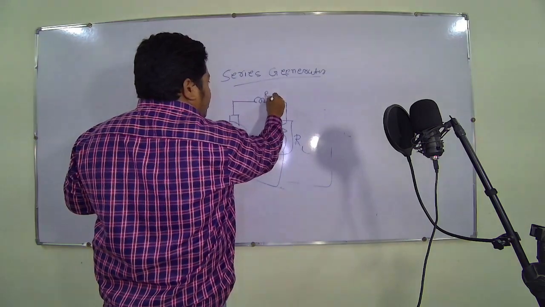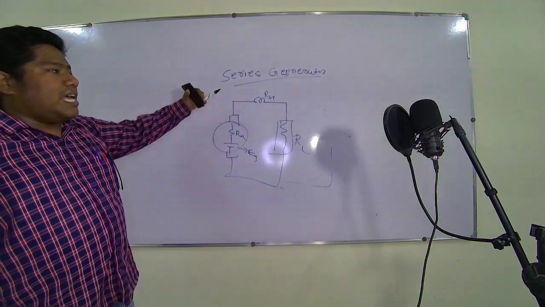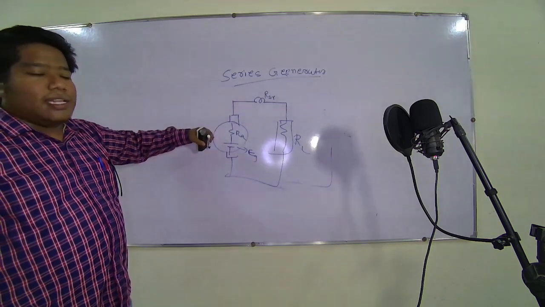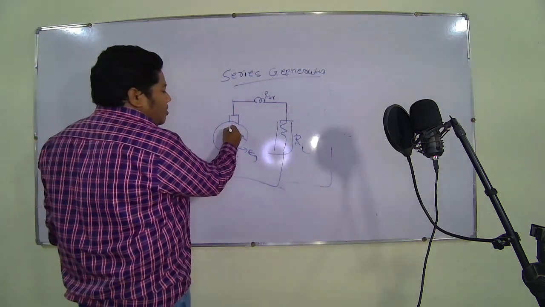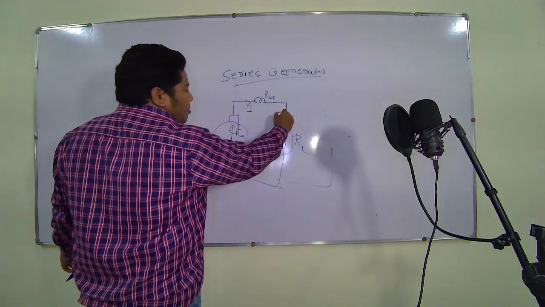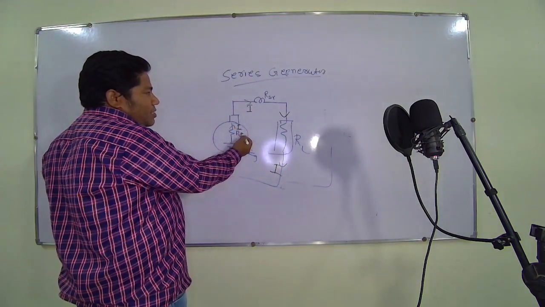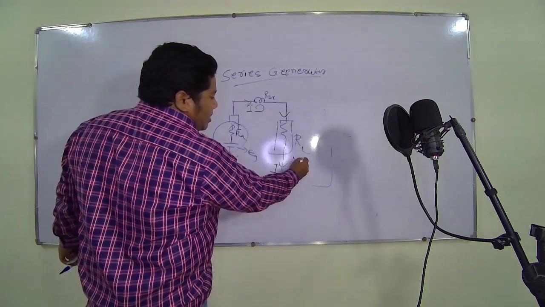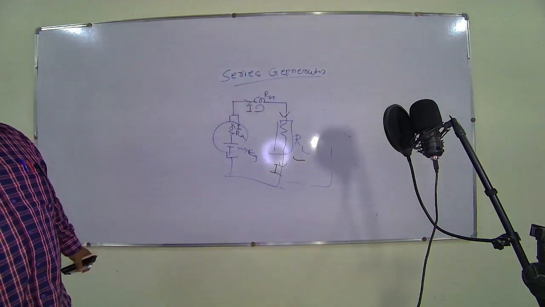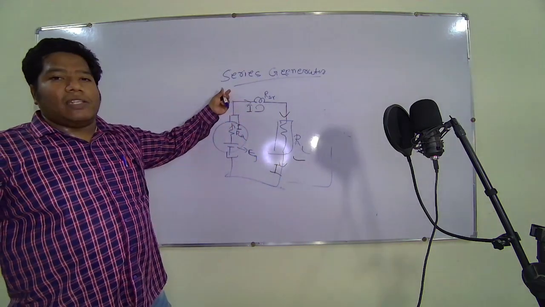As the field is in series connection with the armature, that's why it is known as series generator. Here, if current starts to flow, it will flow in a single path. That's why current will remain the same in all three elements. That means current will be the same in armature as well as series field as well as load resistance.